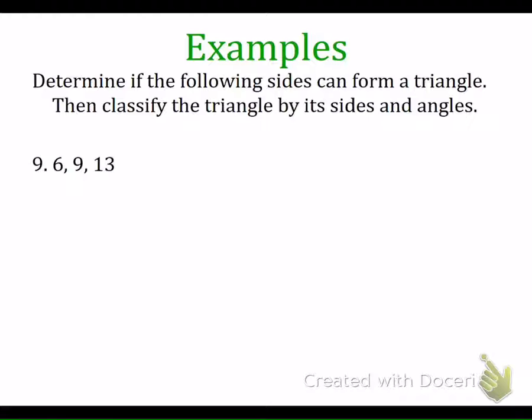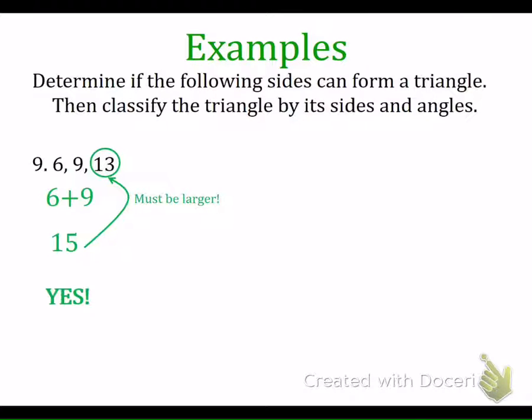All right, number 9. This says determine if the following sides can form a triangle, then classify the triangle using its sides and angles. Okay, so what do I do first? 6 plus 9. That gives me 15. Is that bigger than 13? Yes.